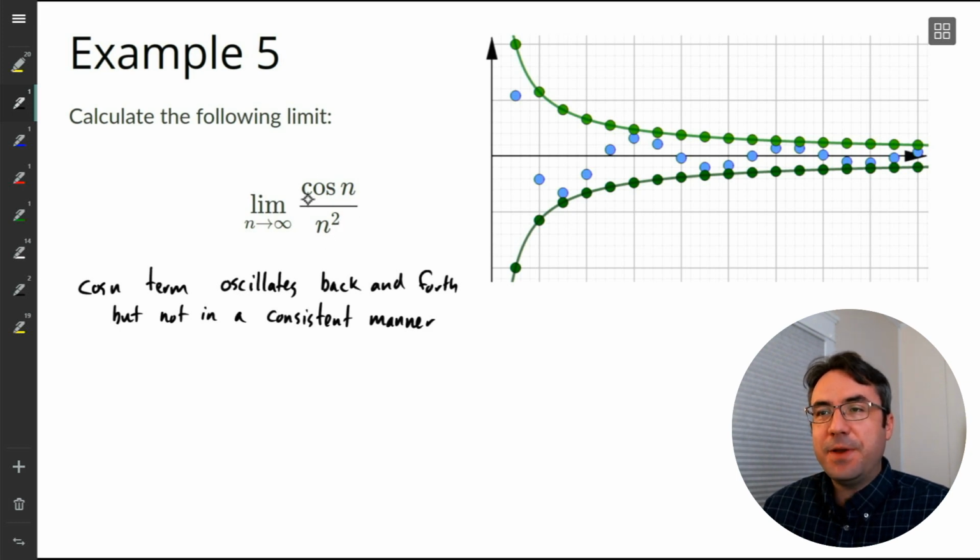So if we could somehow get rid of that cosine term, it would help, because it makes this difficult. And cosine n on its own just diverges.